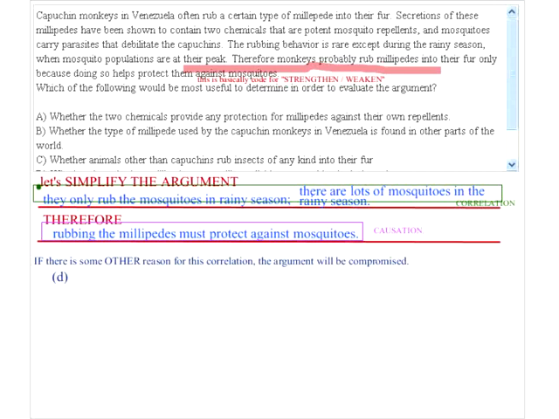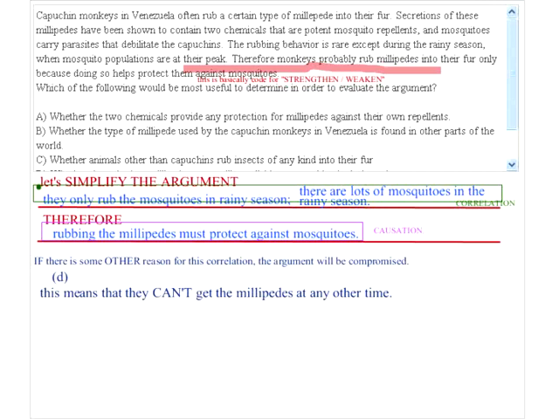First, D says this means that they can't get the millipedes at any other time. How does it affect this argument? Well, that drastically weakens this argument, if this is true. Because look at the simplified argument. We have a connection between they only rub the millipedes in the rainy season, and we're attributing that to the mosquitoes. But if this is true, then that doesn't have to be the case anymore.